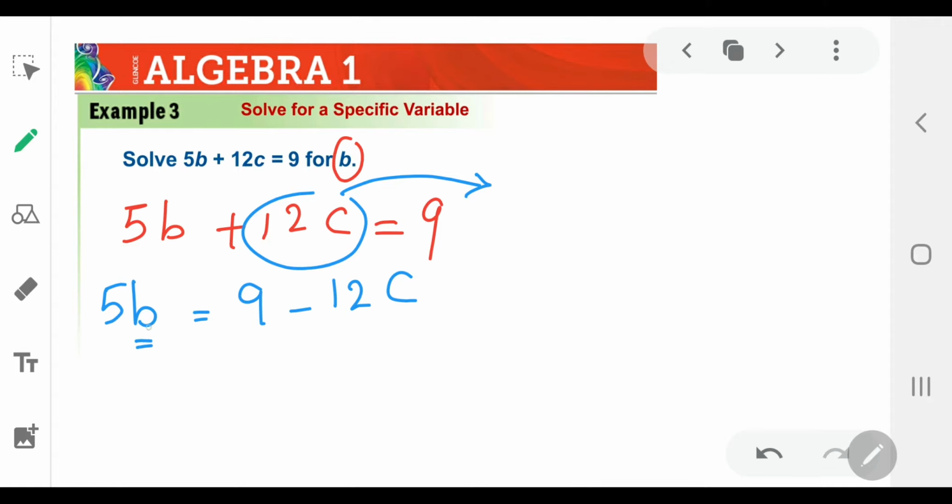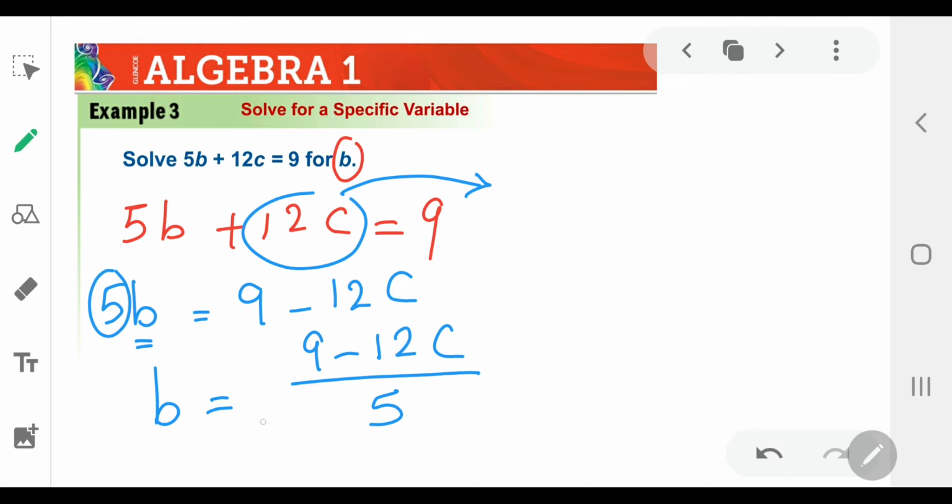So to undo multiplication, I would divide. To undo multiplying b by 5, I would divide the other side by 5. So this 5 would be taken to the other side as division. So b will be 9 minus 12c divided by 5.